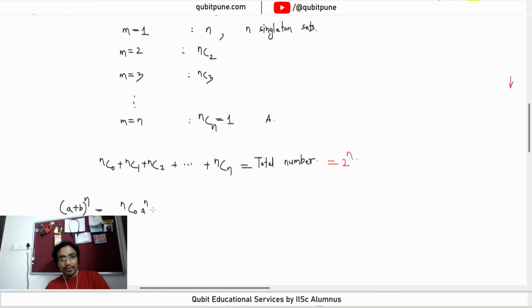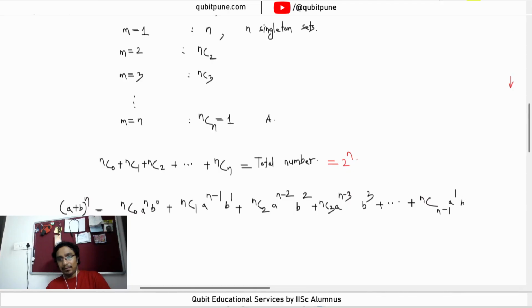It is nC0 a raised to n b raised to 0, nC1 a raised to n minus 1 b raised to 1, nC2 a raised to n minus 2 b squared, nC3 a raised to n minus 3 b cubed, and so on till nC(n-1) a raised to 1 b raised to n minus 1, and the last term nCn a to the power 0 b raised to n. And in this binomial theorem, we put a equal to 1 and b equal to 1.